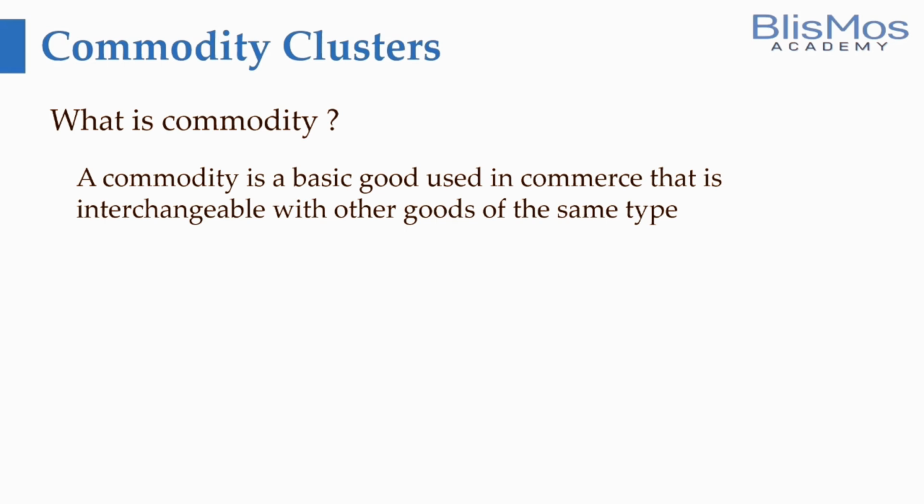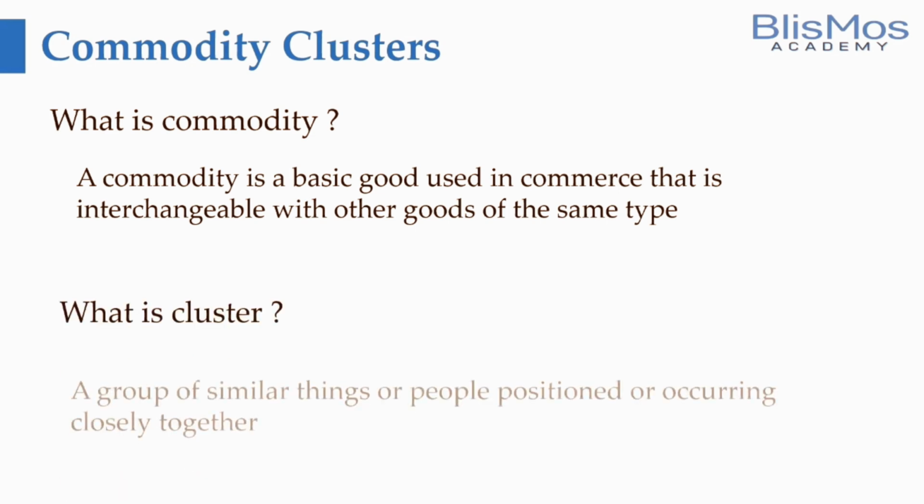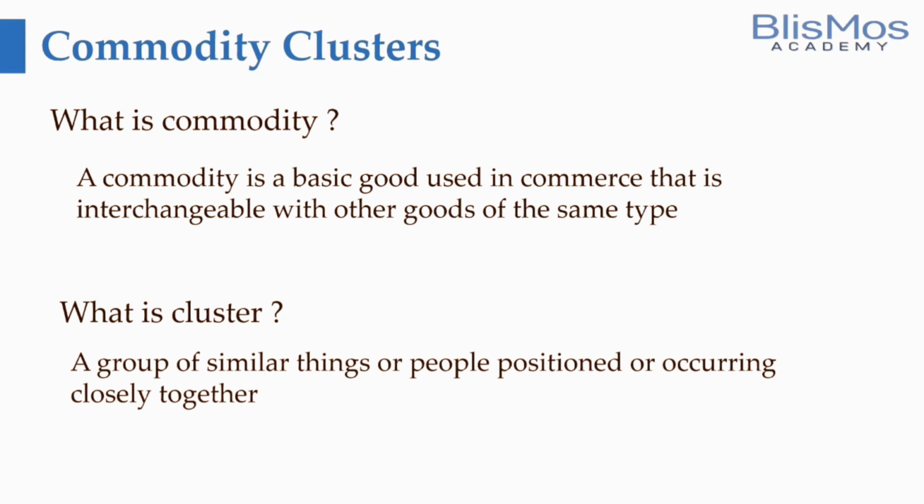It is not something where companies need to go and buy that. The next thing is, what is cluster? Cluster is nothing but a group of things which are similar, which are positioned or occurring closely together. That is what cluster is.